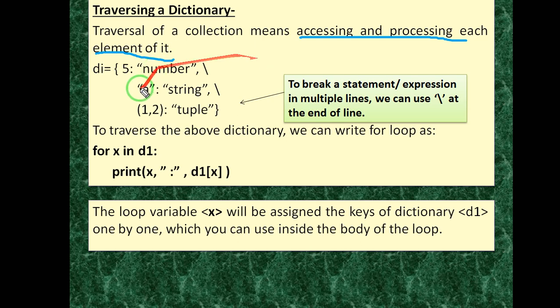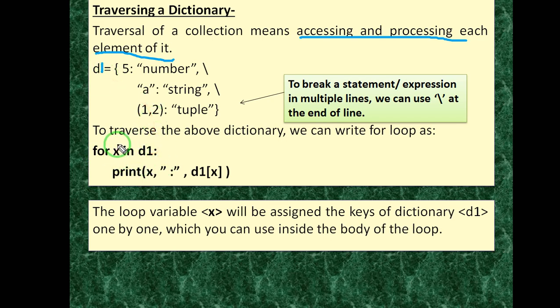Now suppose this is our dictionary. This you can write in a single line also. I have written in multiple lines. If you want to access each and every element, or you want to traverse a dictionary, that means you have to access and process each element of it one by one. For that I have to use a for loop. Like here I have written for x in D1. Now D1 is this dictionary.